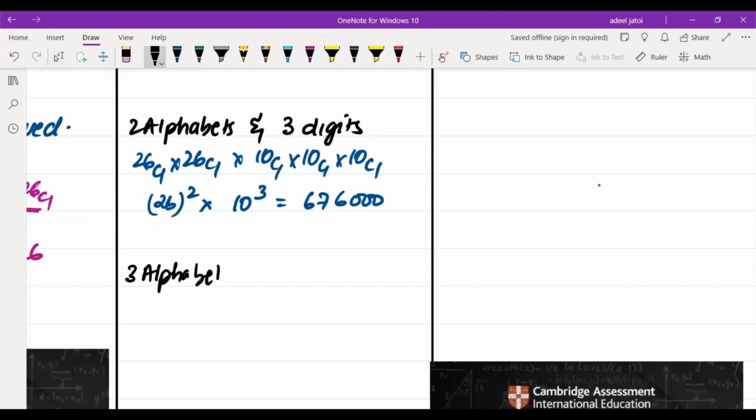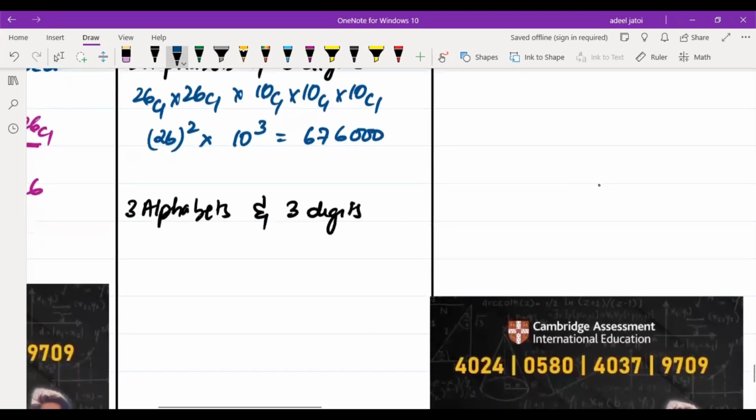Then we can also have three alphabets and three-digit numbers. What does it mean? 26C1, 26C1, 26C1, because the alphabets will be repeated, as well as the numbers 10C1, 10C1, and 10C1.